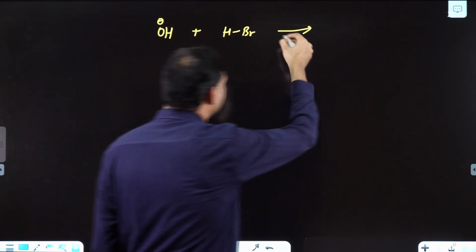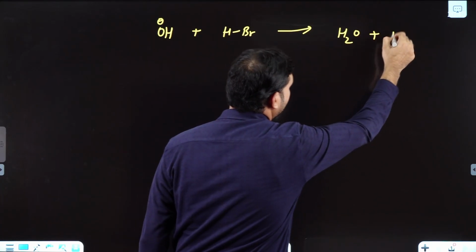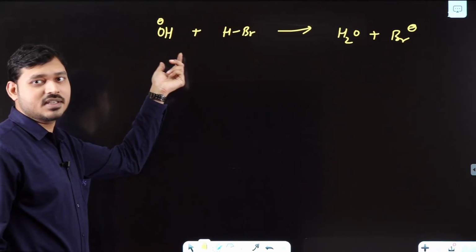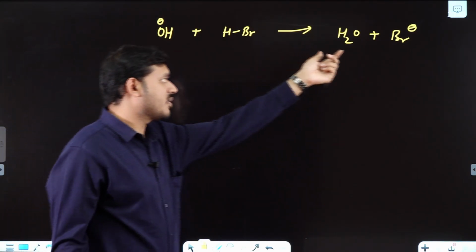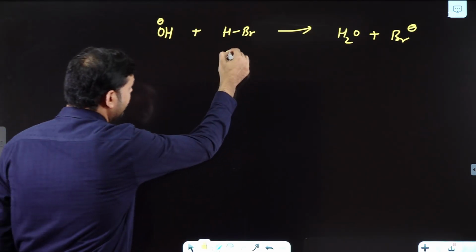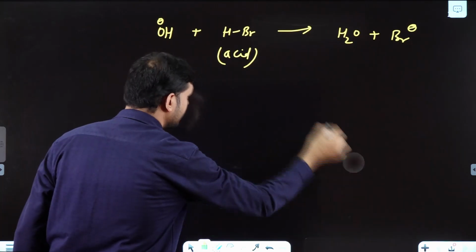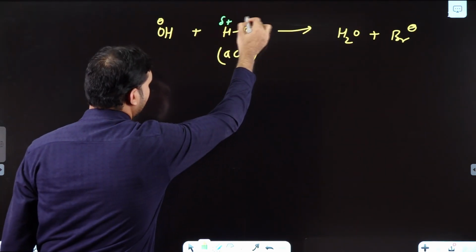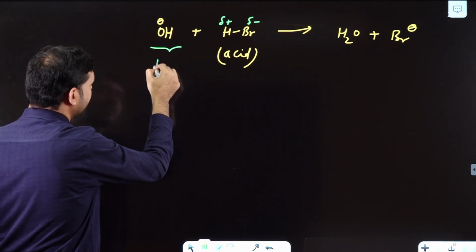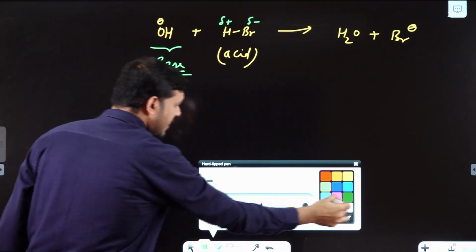So OH minus on reacting with this acid forms water plus Br minus. Clear? Now this is the attacking reagent, this is the reactant, this is formed as product, and this acts as a leaving group. So here it is acid, delta positive, delta negative.